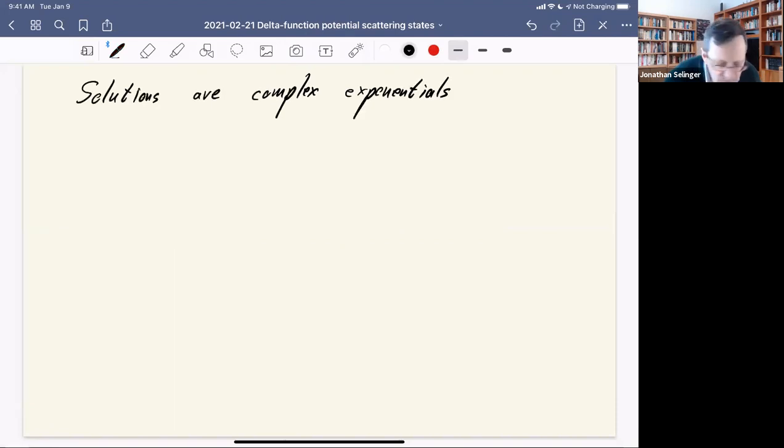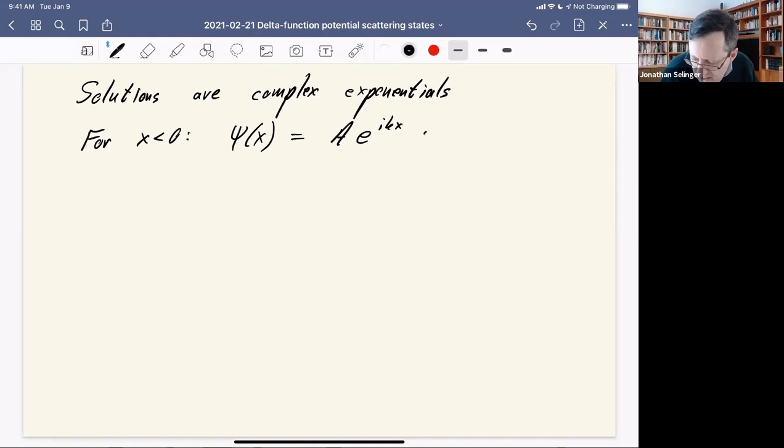For x negative, psi of x is equal to a e to the ikx plus b e to the minus ikx, with k as a positive number.